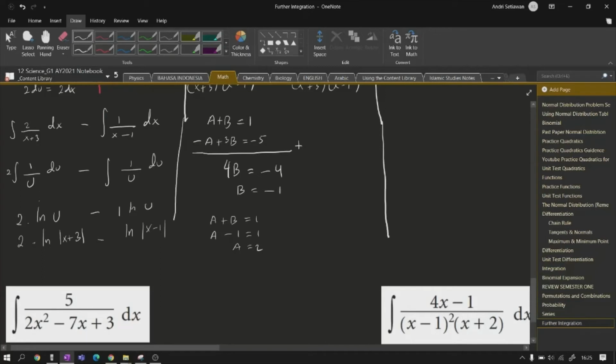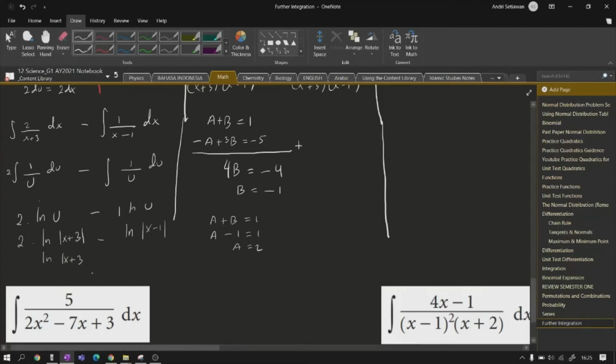This is quite similar to logarithms. If you want to combine these natural logarithms, you need to move the 2 into the argument, so we get ln of x plus 3 to the power 2.